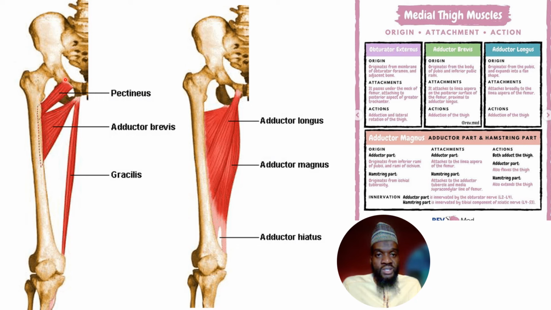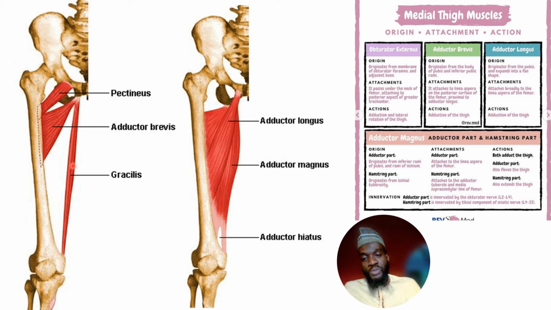So let this not be confusing. Both the obturator externus and the pectineus are indeed part of the medial thigh, but their functional diversity and primary roles make them at times excluded from simplified tables that focus strictly on adductor muscles of the medial thigh. That's just what I wanted to emphasize, as well as for the gracilis.